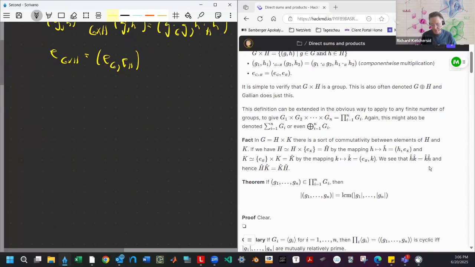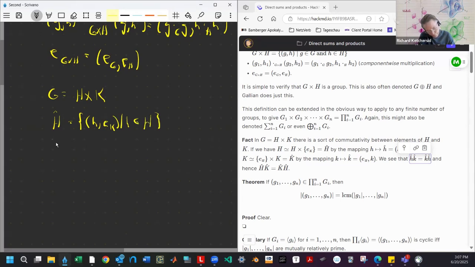The one really important fact is for arbitrary G and H, non-abelian, whatever sort of groups, we're going to have this important fact. Here I'm going to build G equals H cross K. So I've got two subgroups, H and K, and I'm building H cross K. One really important thing here is that there's the natural copy of H in here, which would be the set of all (h, eK) for h in H. So there's a copy of H sitting right in there.